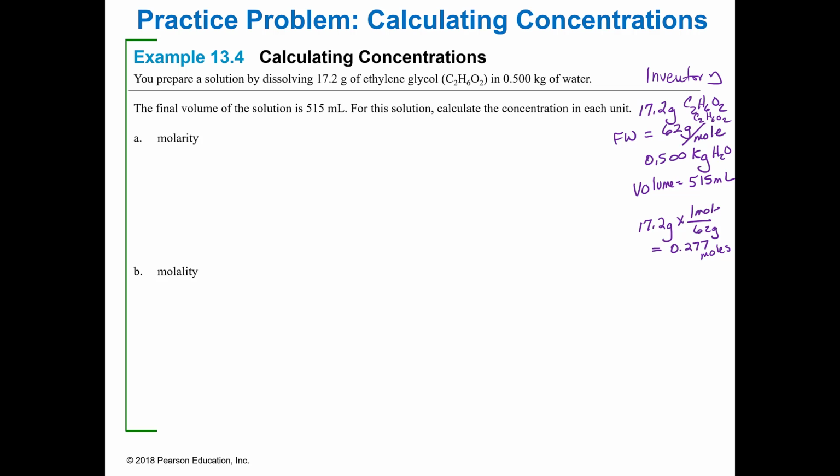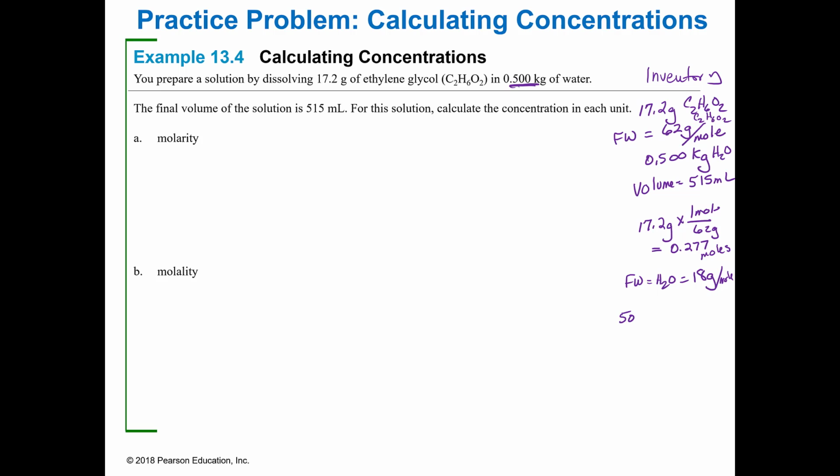The formula weight of the water, because that is my solvent, is 18 grams per mole, and I've got 500 grams because I've got 0.500 kilograms.